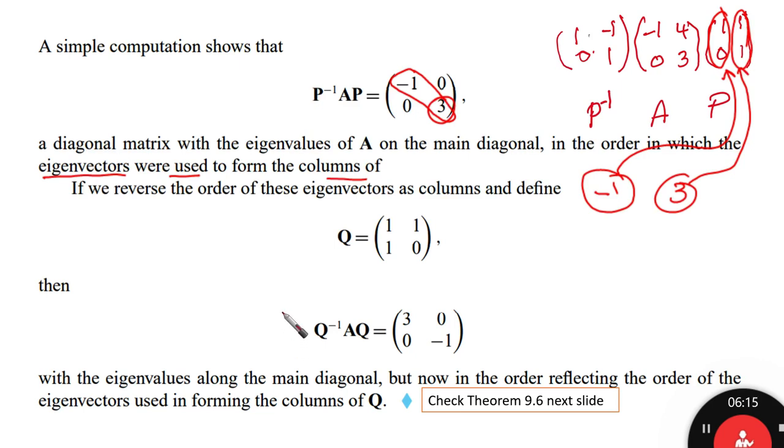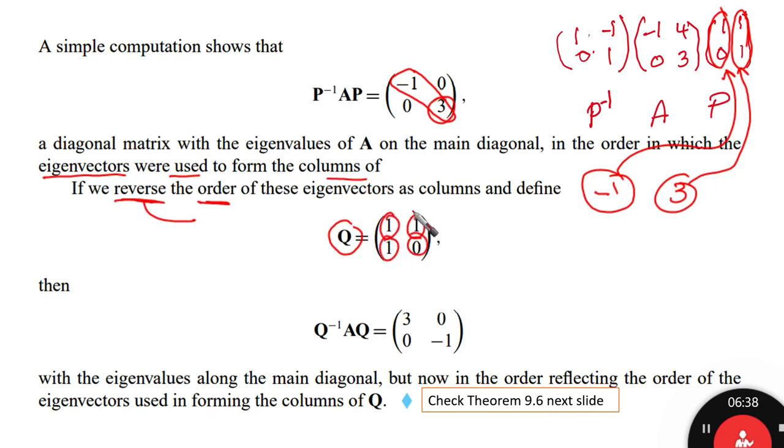Okay. If we reverse the order of these eigenvectors as columns and define Q instead of P, so that instead of having P as 0, 1, 0, 1, 1, it is going to be 1, 1, 1, 0.